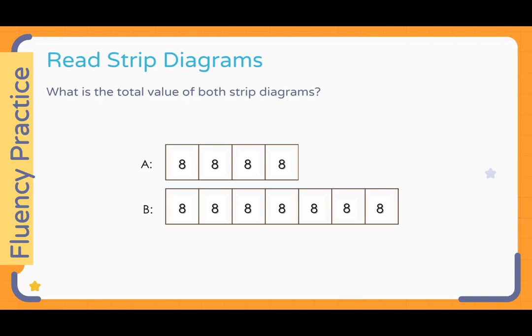Okay, what is the total value of both strip diagrams? Well, we know here we did 8 times 4, which was 32. Here we did 8 times 7, and that was 56. How do I find the total value of both strip diagrams? Well, I have to add.